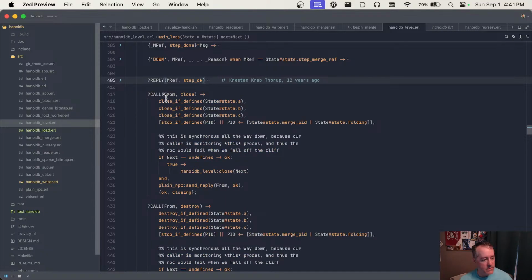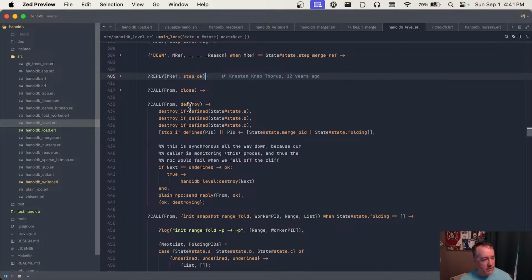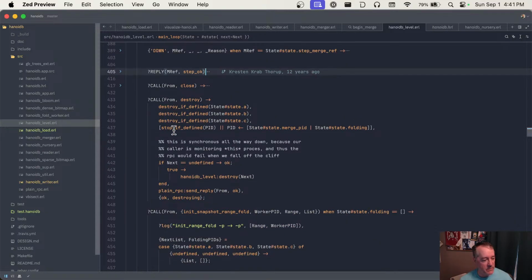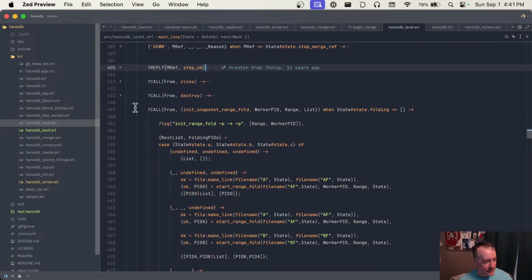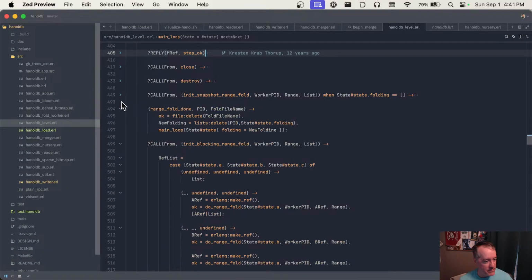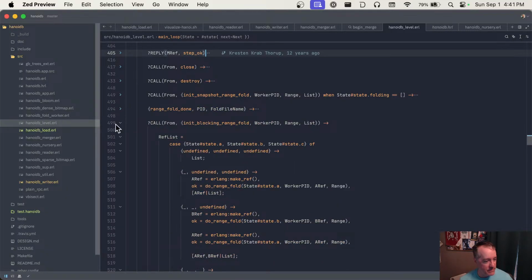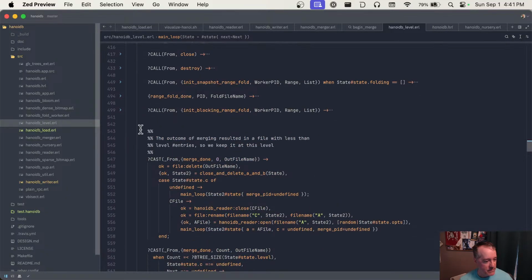Let's see, close. Yeah, this is just shut down. Destroy is probably a bit more. Yeah, this is like delete the whole database, I'm guessing. Okay, and then there's folds, which we don't care about right now. Range fold. Okay.